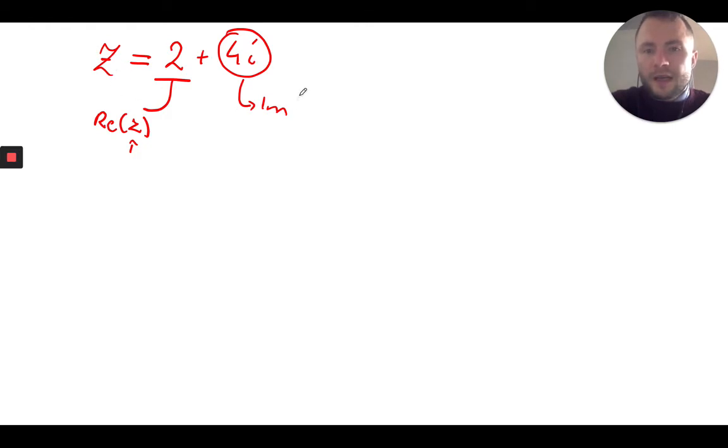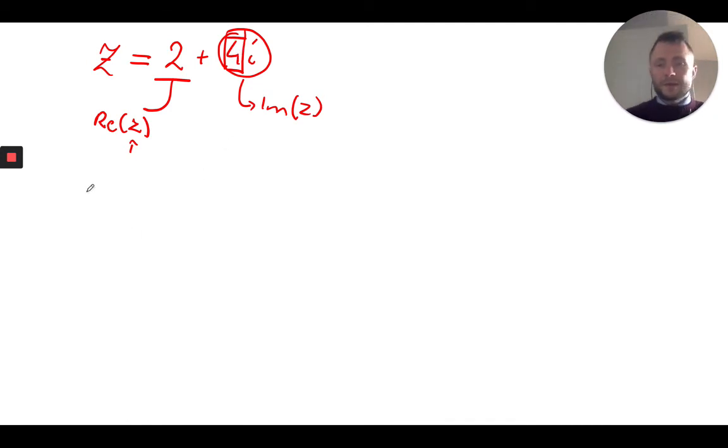If you see Im of z, this asks you to tell me what is the imaginary part of the number z. And in particular, we are interested in the number that is the coefficient of the imaginary number i.